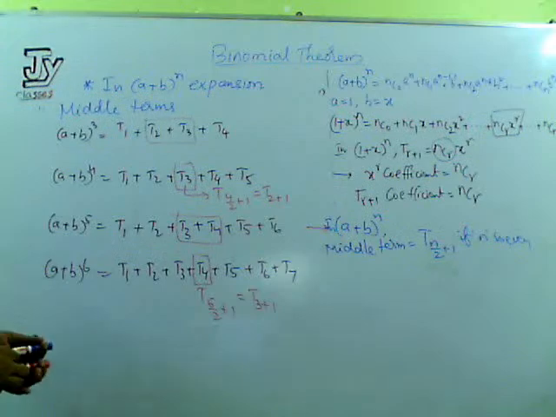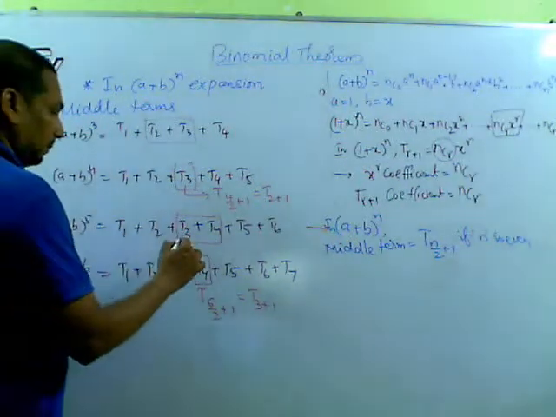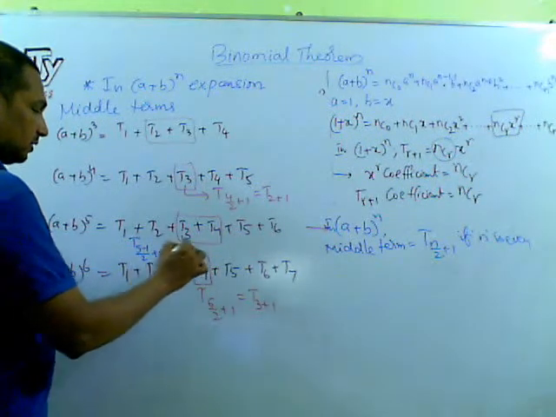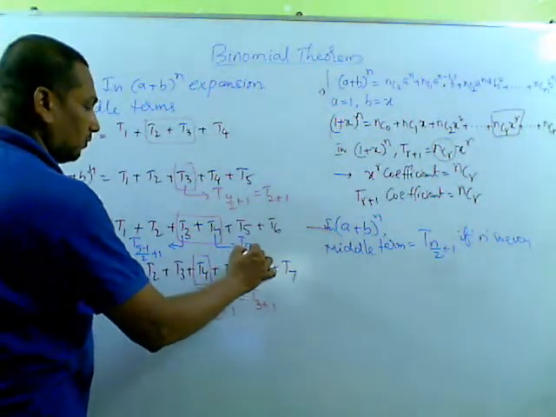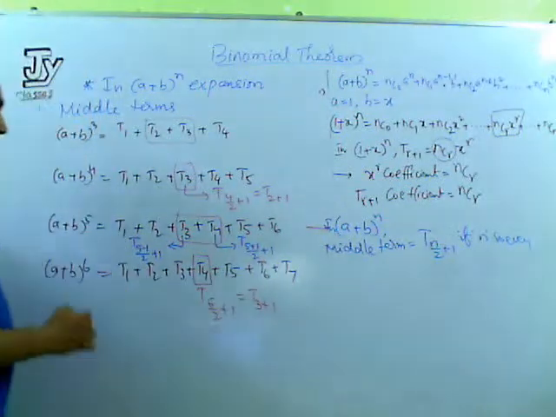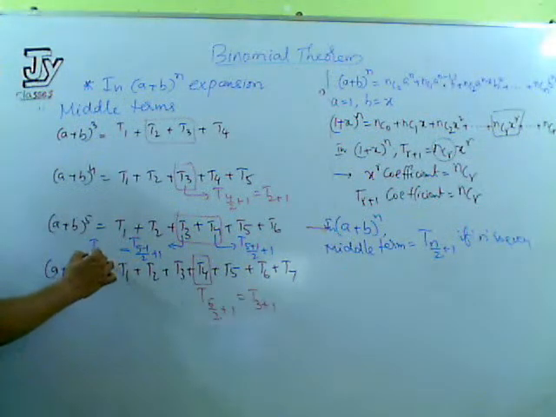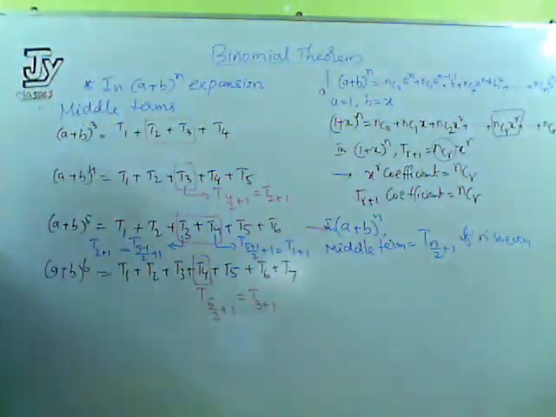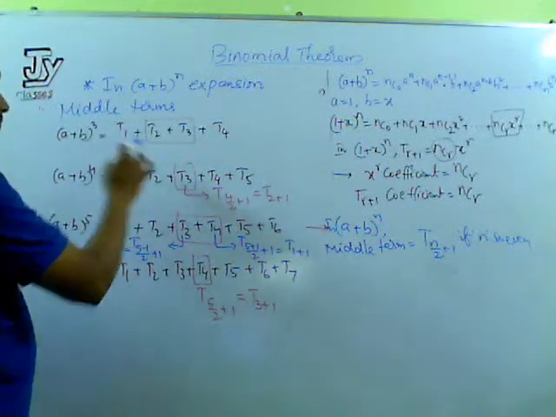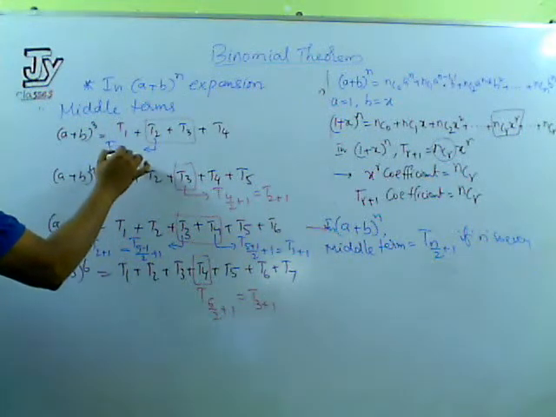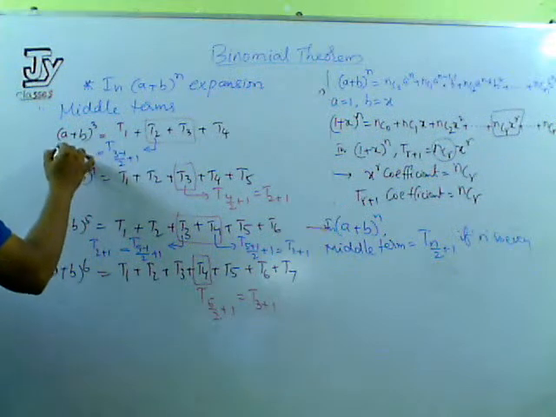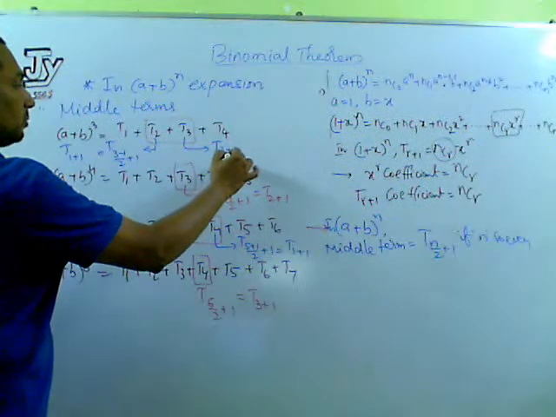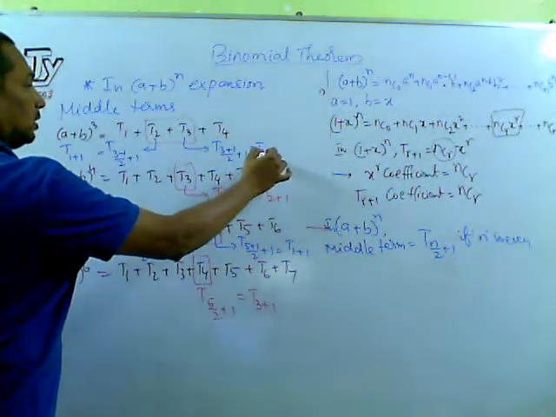So now come to odd. If n is odd, then what will happen? See, for 5 this is T((5 minus 1) by 2 plus 1) and T((5 plus 1) by 2 plus 1), that is T(2 plus 1) and T(3 plus 1). Come to this one: T((3 minus 1) by 2 plus 1), that is T(1 plus 1), T2, and T((3 plus 1) by 2 plus 1), that is T(2 plus 1).